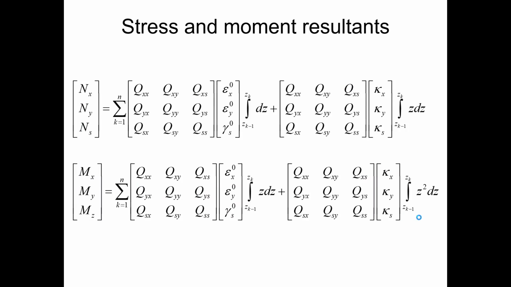We can expand this form. If you remember what we have done before, the strain equals the strain at the middle plane plus kappa times z. And all of them can be expanded in different directions, x, y, and z.